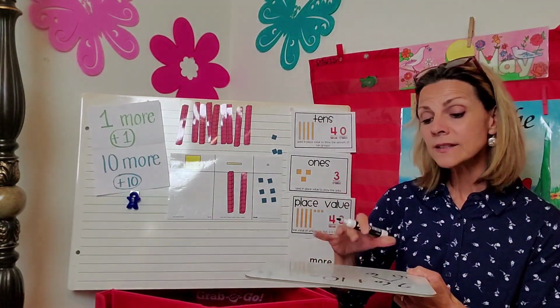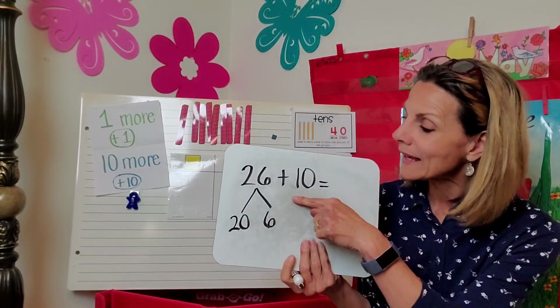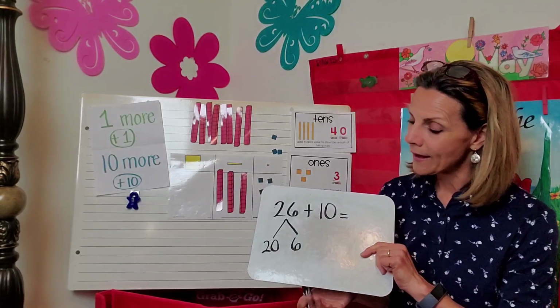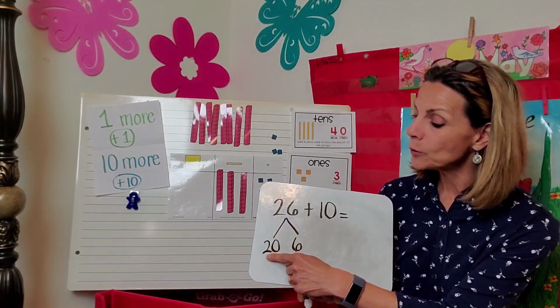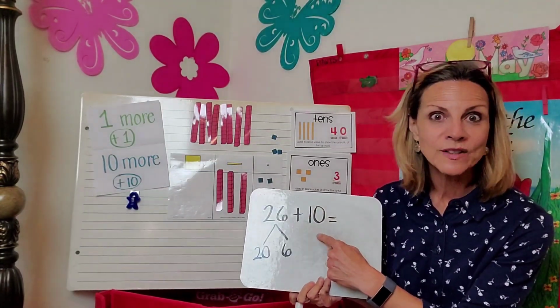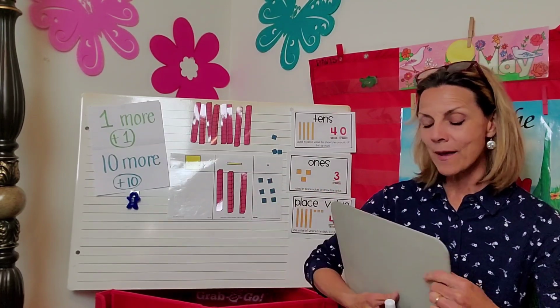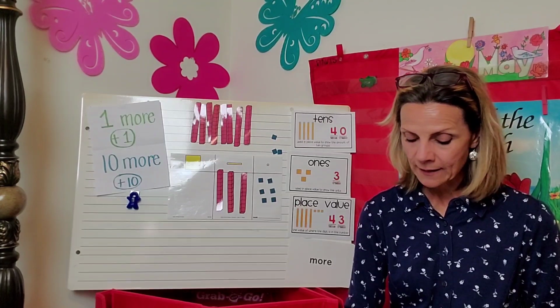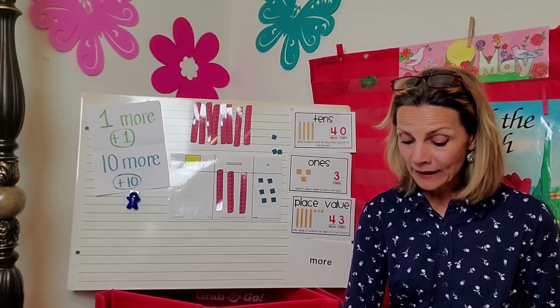So I'm going to break that up. And in this math problem, I'm going to be adding 10 more. So let me go ahead and do that. Okay. And I'm going to pull that 20 and that 10 and add those together just like I did on that board. 20 plus 10 equals 30.